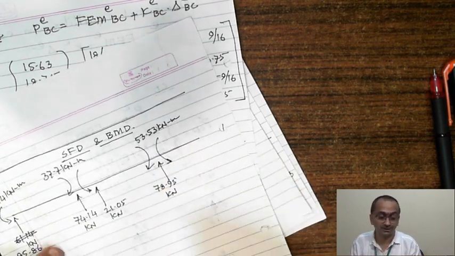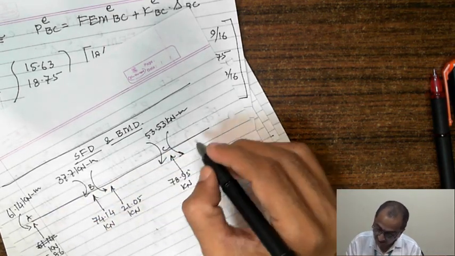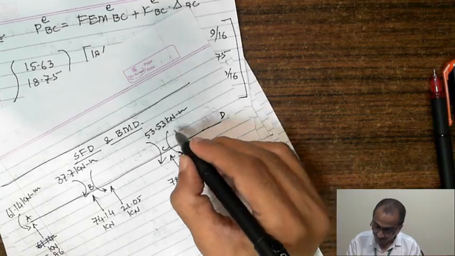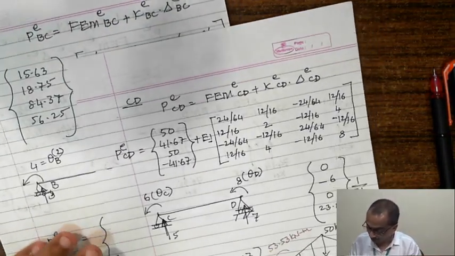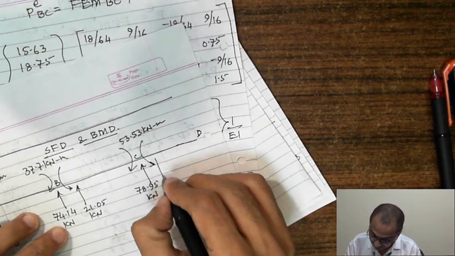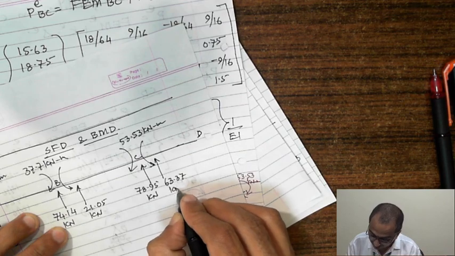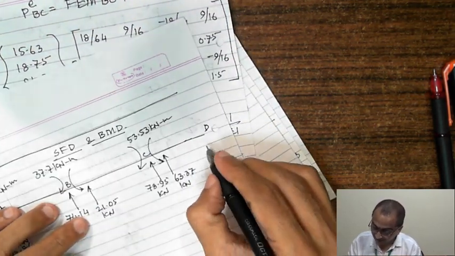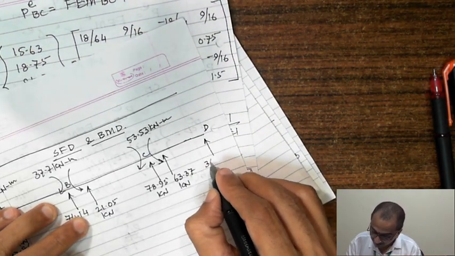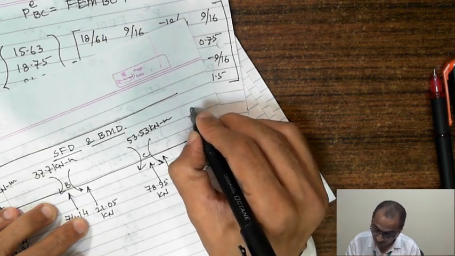Again, this moment for CD, this is B, this is C, this is A, and now this is D. This is 53.53 acting clockwise, right? Anti-clockwise 63.37. This reaction is 63.37 kilonewtons, and now last one is 36.63 kilonewtons, and this moment is 0 kilonewton meter.